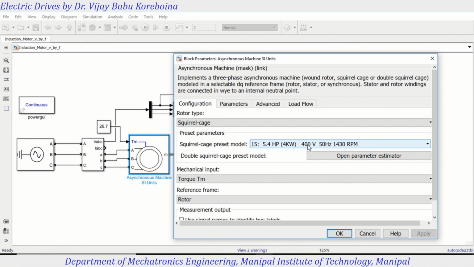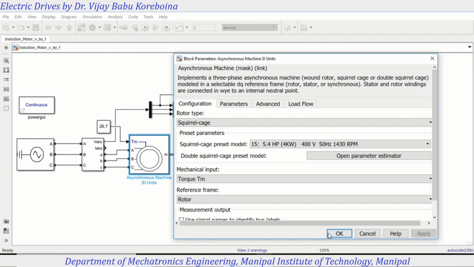That means if I give 400 volt line to line at 50 Hertz frequency, the motor will run at 1430 RPM. Typically it will be around 1500 RPM synchronous speed, 50 Hertz, 120 f by P, a 4-pole machine. And from this, we can calculate the rated torque also. 4 kilowatt divided by 1430 converted to RPS, and 4 kilowatt divided by that speed in RPS will give the rated torque level of that motor.